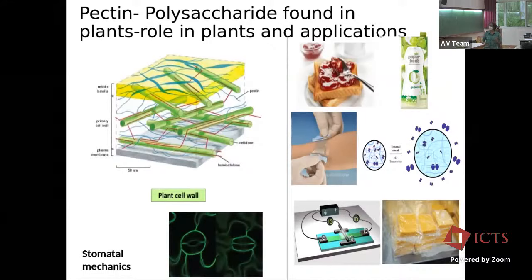It is used in various applications like thickening of jams and jellies, and also when you go to hospital, they apply some kind of a gel on your hand, even hand sanitizer. It is also what is known as a gel. Okay, what is that material? Any idea?